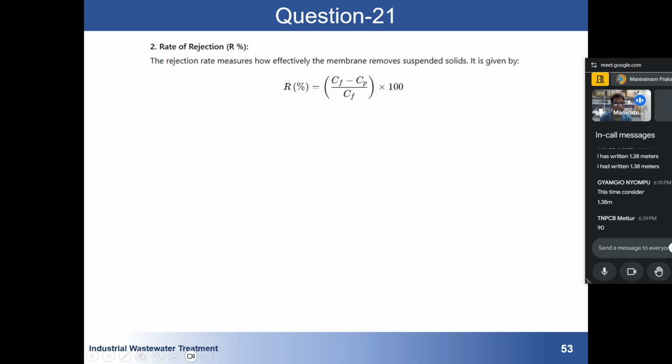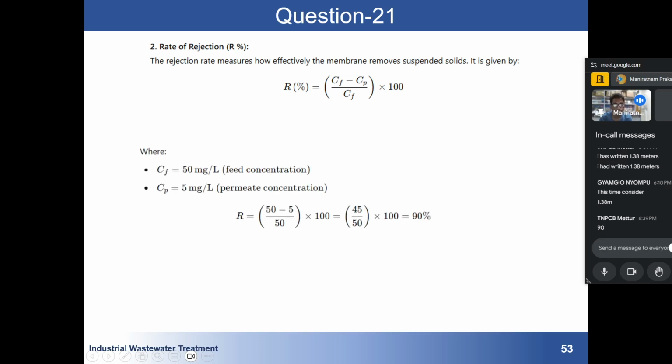Then we have the rate of rejection, that is (Cf minus Cp) divided by Cf. Cf is the feed concentration, Cp is the permeate concentration. The final answer is 90%. Good that someone has answered 90%.